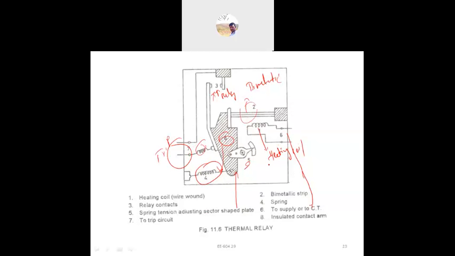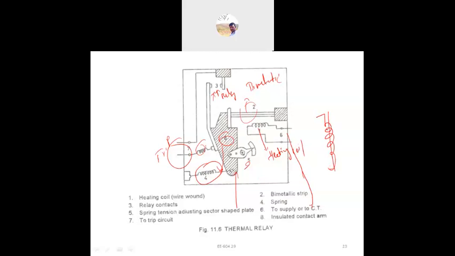So these are the working conditions of the thermal relay. It will operate when a fault occurs. In the electromagnetic relay we are using a magnet.